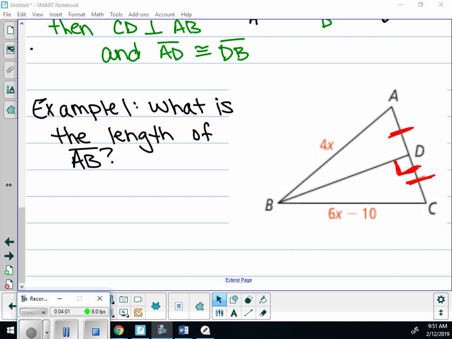So that means that AB has to be congruent to BC.